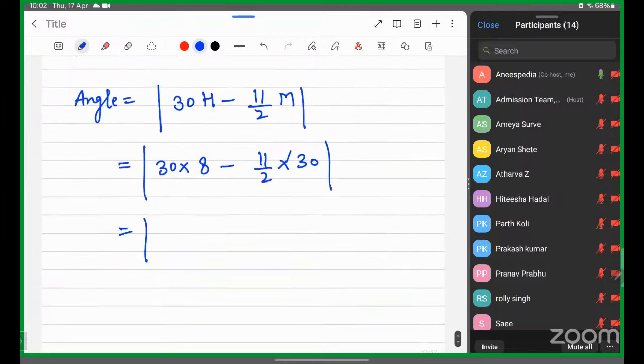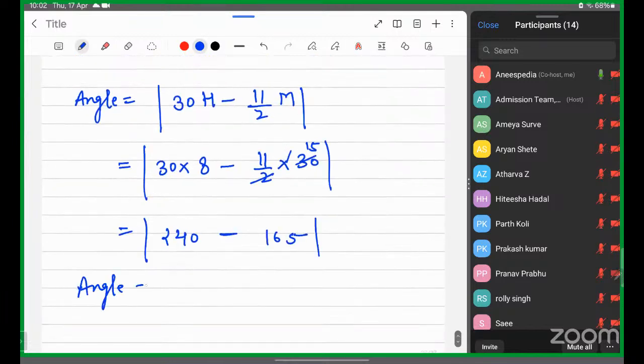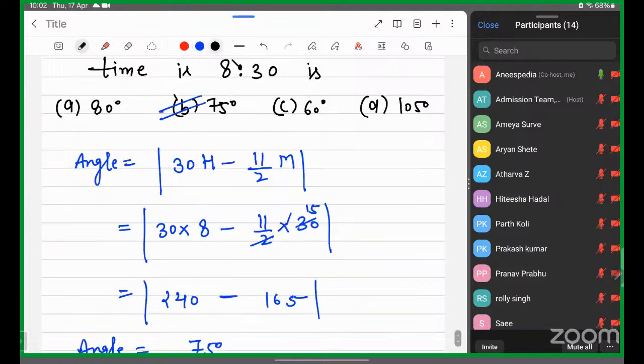So this will be how much? 30 into 8, 240 minus 15 into 11 will be how much? 165. What will be the angle? 240 minus 165, 75. So correct answer will be B option.